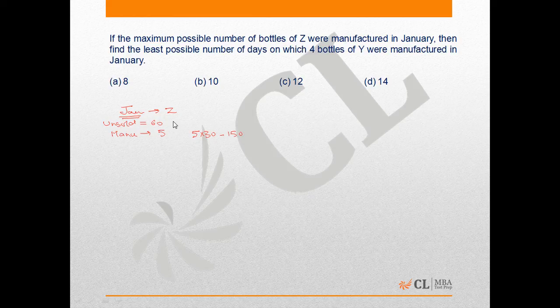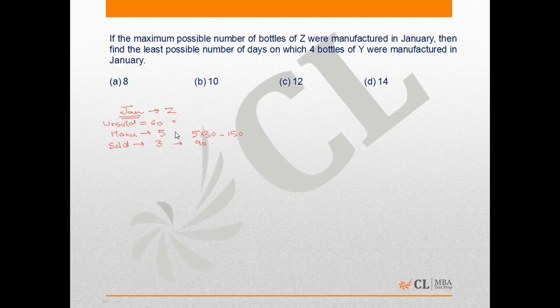The number of bottles unsold is 60, so that means we have to maximize the number of bottles which are sold. So it should be 3 per day, that is 90.